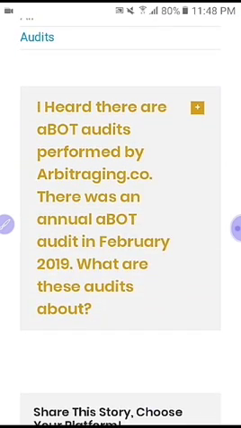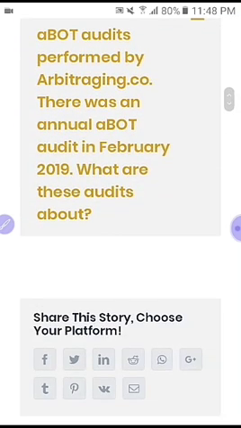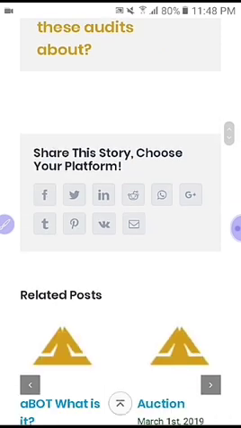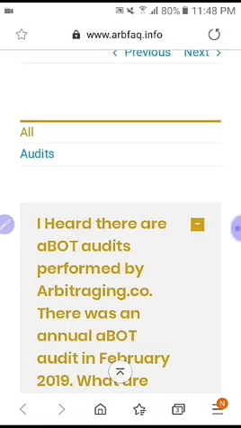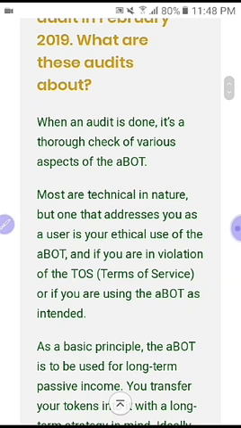I hear that IBOT audits are performed by the Arbitrage platform. There was an annual IBOT audit in February 2019. What is this audit about? Yes, we need to answer.